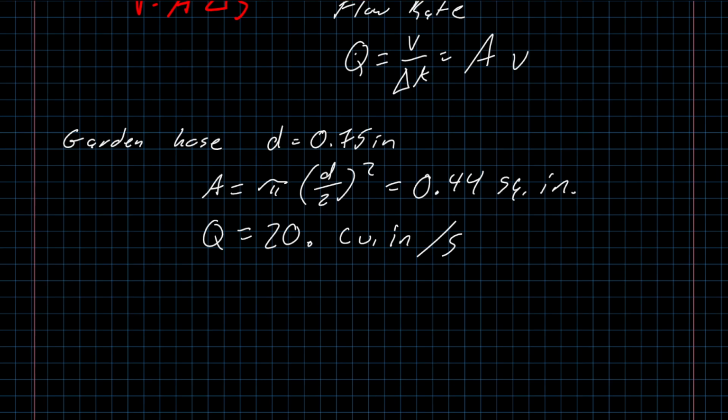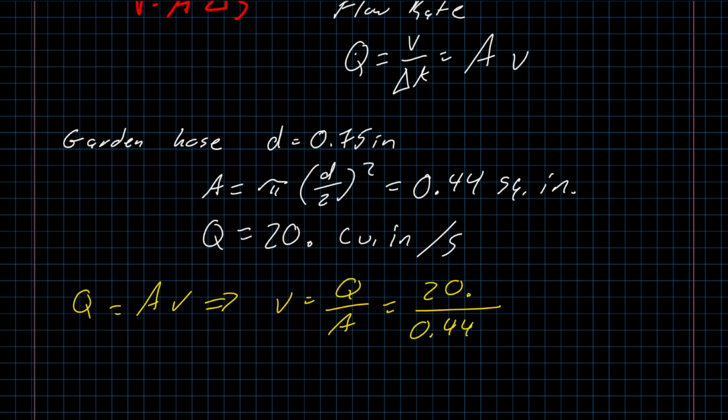Well, since Q is equal to AV, that means equivalently that V is equal to Q over A. So we can take that 20 cubic inches per second and divide by 0.44.